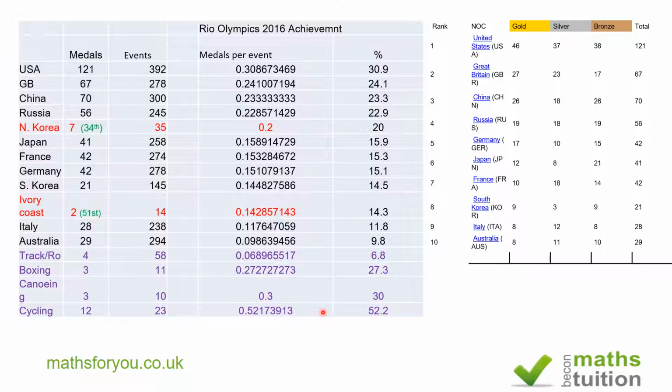Now, the cycling category for the British team had a 52.2% success rate. Canoeing had 30% success rate. Boxing had 27.3% success rate. And track and road events had 6.8% success rate. So you can see that in my method, you not only rank nations, you can also rank categories or sports.